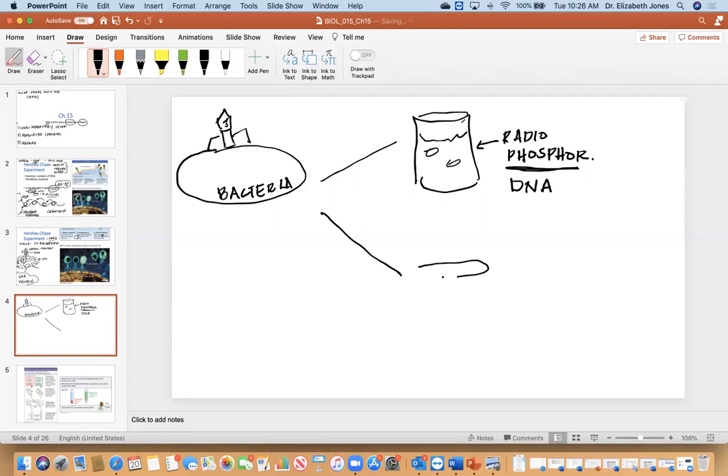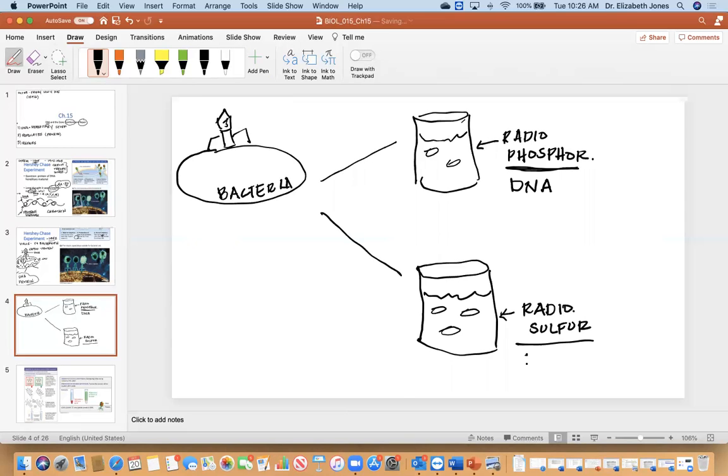The second beaker, they put some more infected bacteria into. Okay, so here's our infected bacteria. And in this nutrient medium, they included radioactive sulfur. Sulfur is present in proteins, but not in DNA.